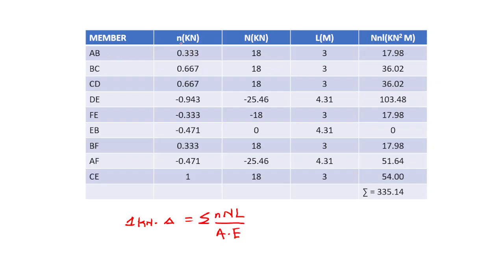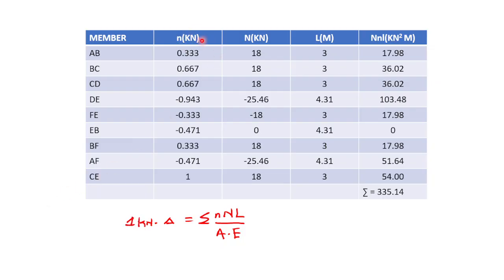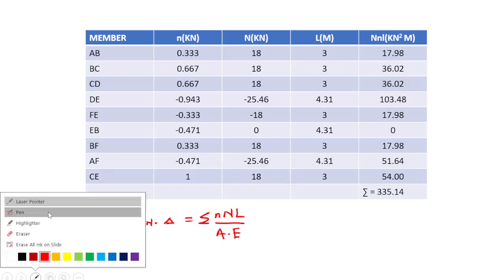So we arrange every one of those members on the table, right? For member AB, you take the virtual force of AB, the real force of AB, and the length, and then you multiply all of this to get this last column. Let me show you something.